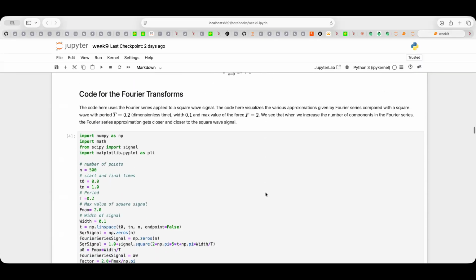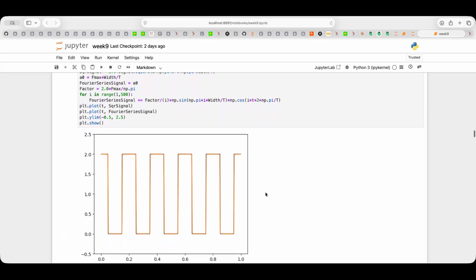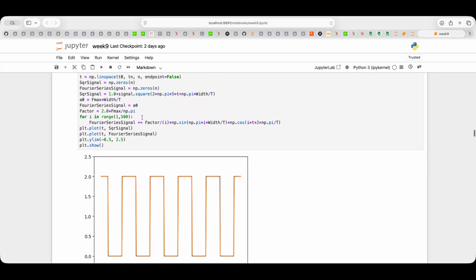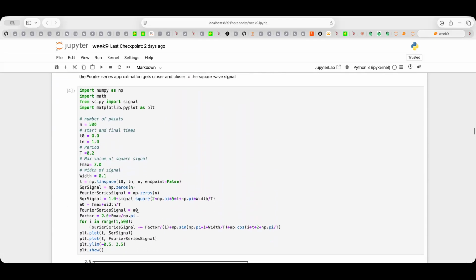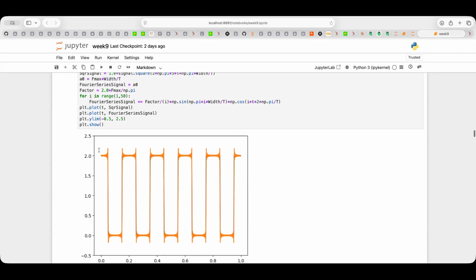This is a code where I have implemented it. In this range, with the 500, I'm making a sum because I cannot run to infinity. I sum up to n equal 500. If I were not to do that, suppose I just do 50, you will notice one thing quickly, and it will look like this.